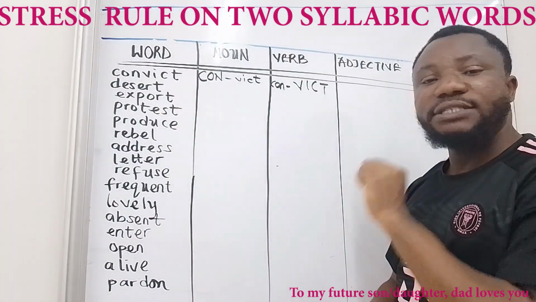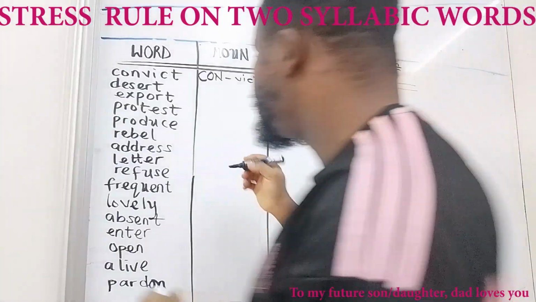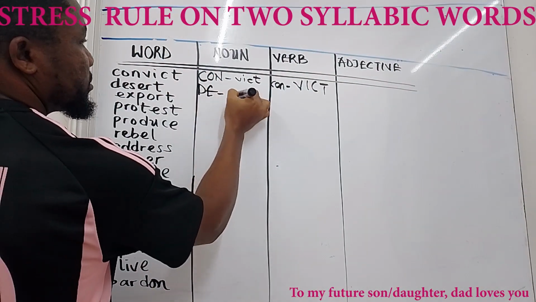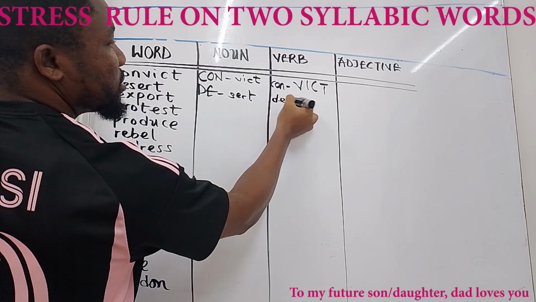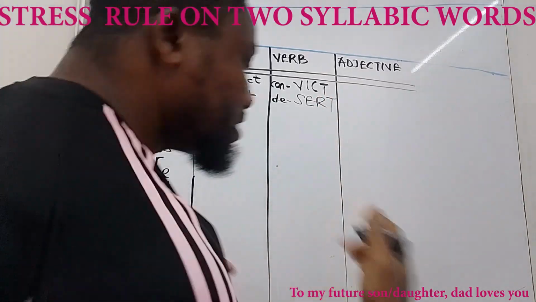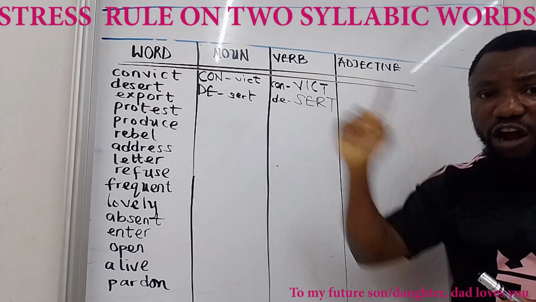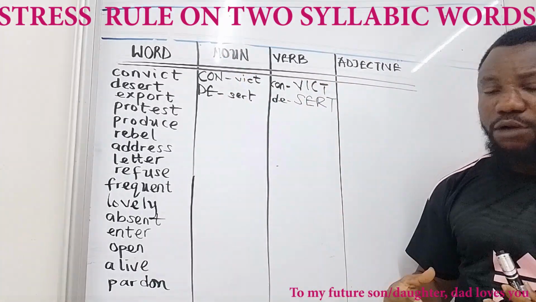The next word is desert, as a noun. And then for the verb, it is desert, to leave someone, to abandon someone. I will desert you, not I will desert you.